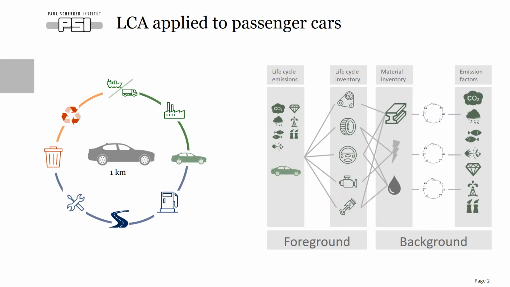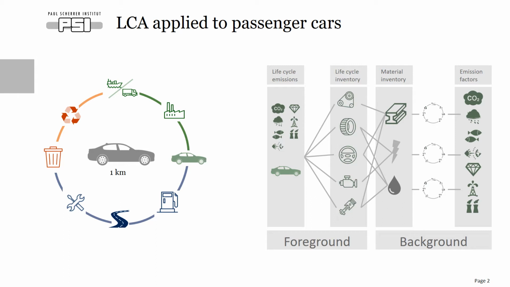Now, why would we want to combine integrated assessment models and life cycle assessment? Maybe a way of answering that question would be to first look at the simple life cycle assessment of a passenger car. It is here shown on this slide. The life cycle of a passenger car would typically include the manufacture of components and their assembly into a car. The car would be shipped to the market of use.